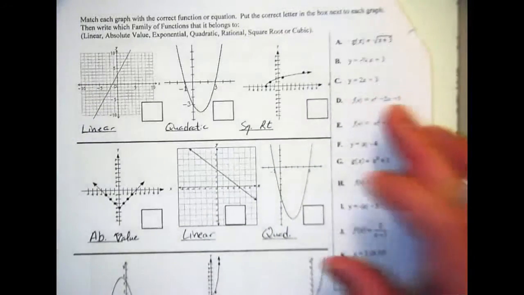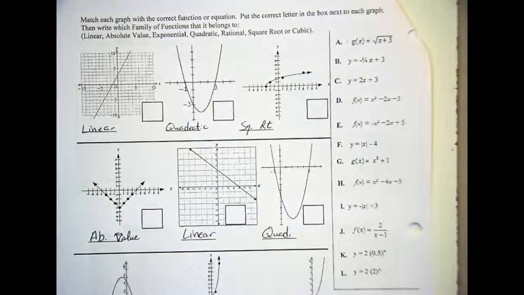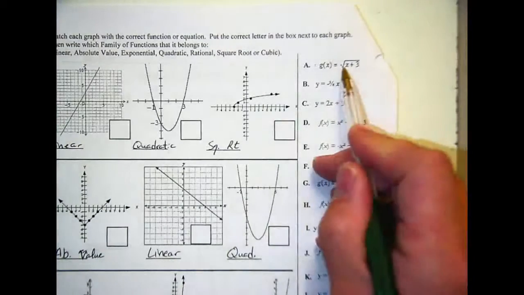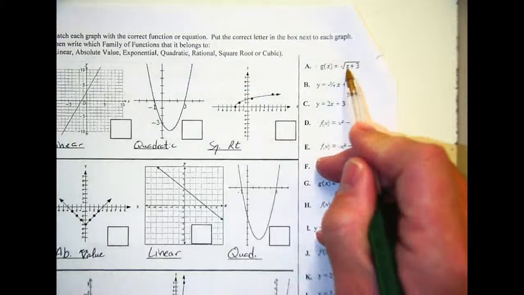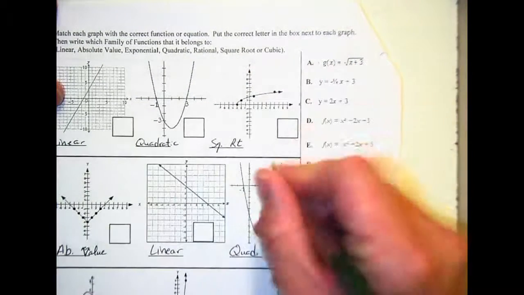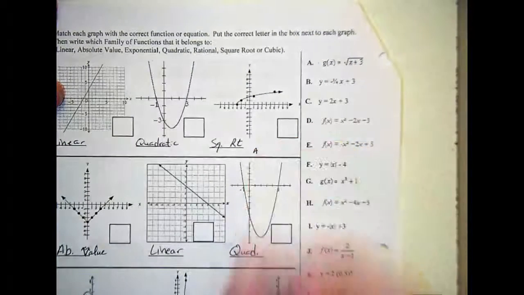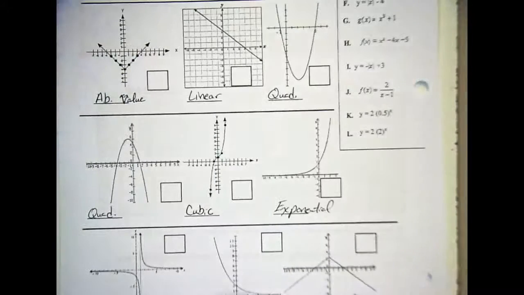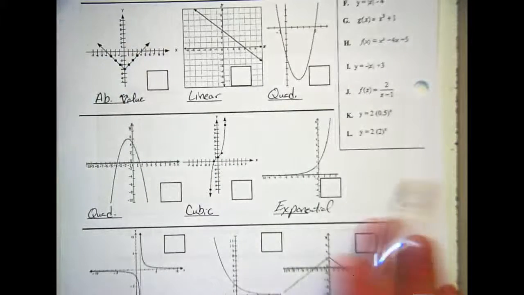So when I go to letter A, square root of x plus 3. This is square root. Our x is in the square root. So a choice, this could possibly be A. Where's my other square root? There aren't any more.